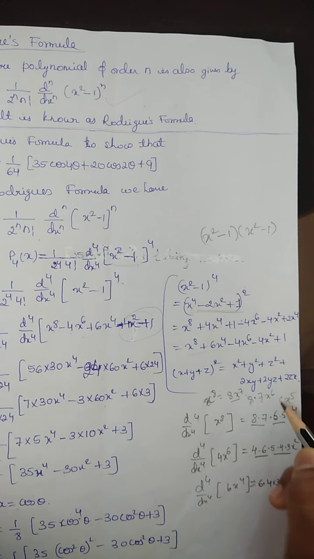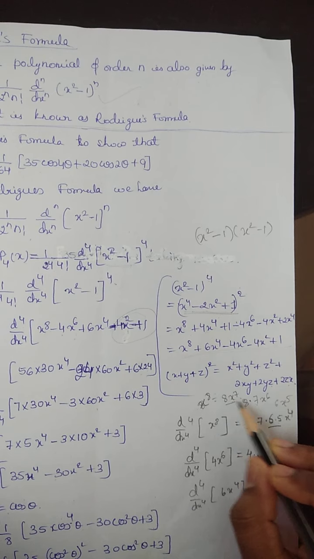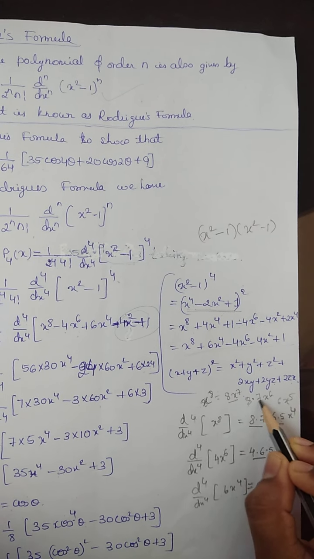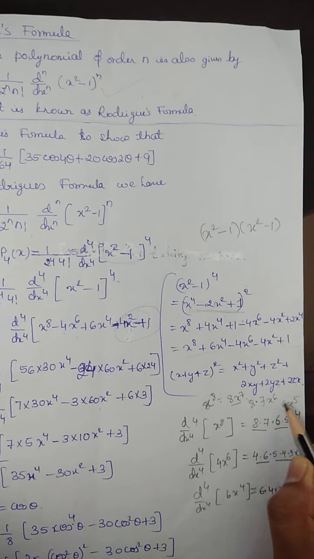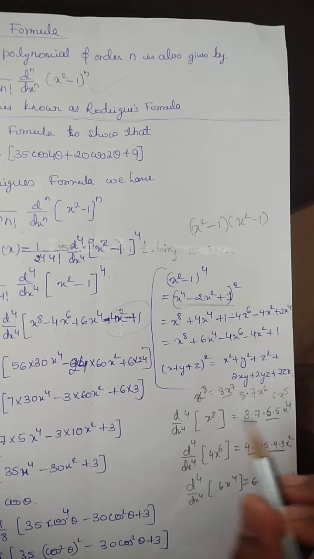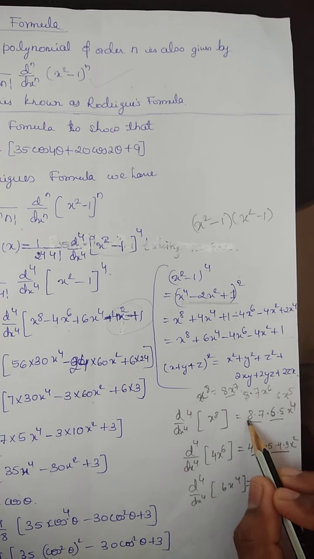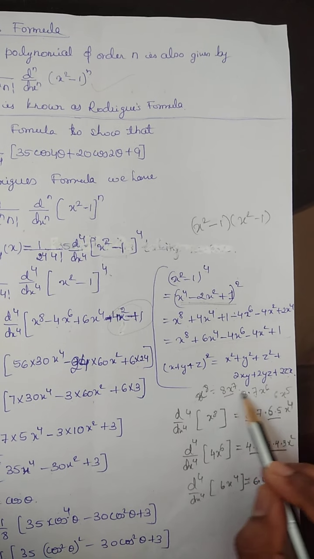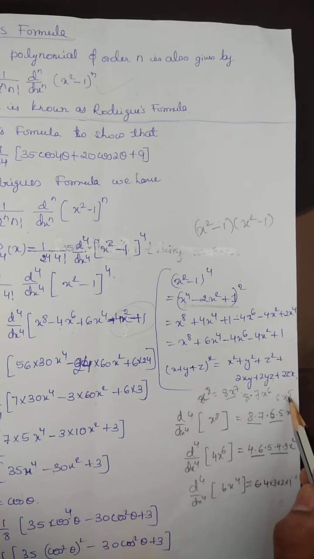This is the third time differentiation. So you can see the pattern: you are getting 8, 7, 6, then 5 into x raised to 4. So the fourth derivative of x raised to 8 is 8 into 7 into 6 into 5 x raised to 4. So no need to differentiate step by step like this.